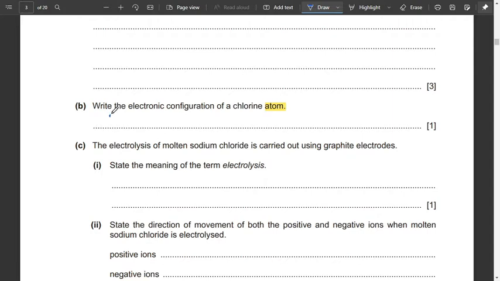The first shell would always have 2. And then the second has a capacity for 8. So if we put 8 in the second shell, it's going to make 10, and then the third shell has greater capacity. However, we need to see how much is left for 17 electrons to be completed.